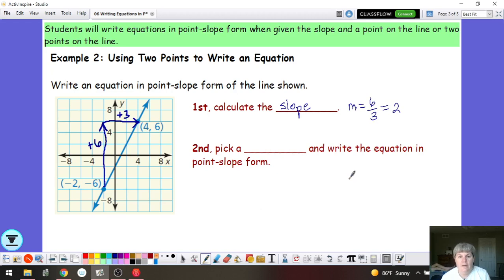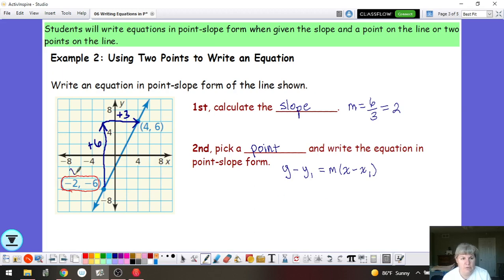The next thing I'm going to do, I'm given 2 points on this line. I'm going to pick one of them and write my equation in point-slope form. Because I want you to see what happens when we have a point that has negative values, I'm going to choose the -2, -6. I'm still going to start with remembering that my point-slope form is y minus y1 equals m times x minus x1, and I'm going to substitute my values.